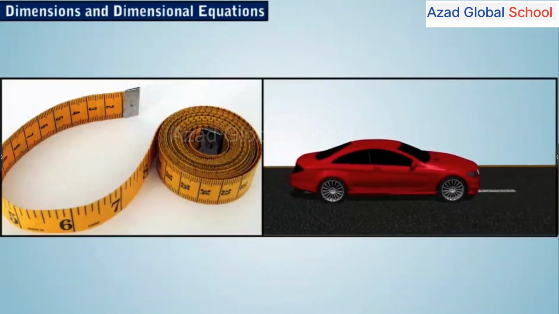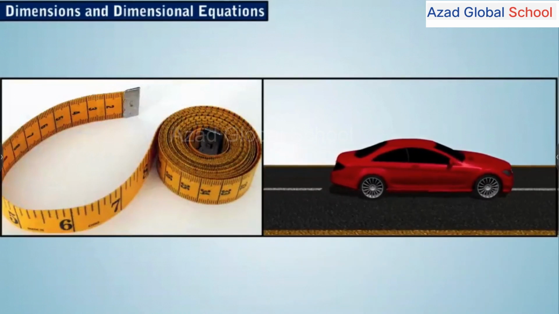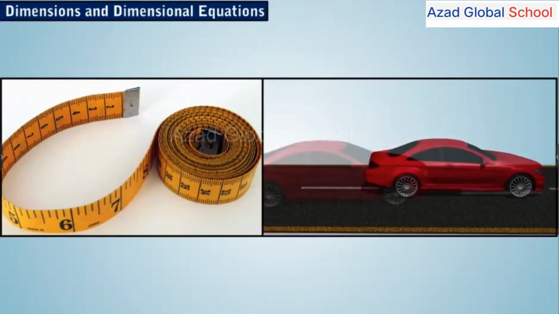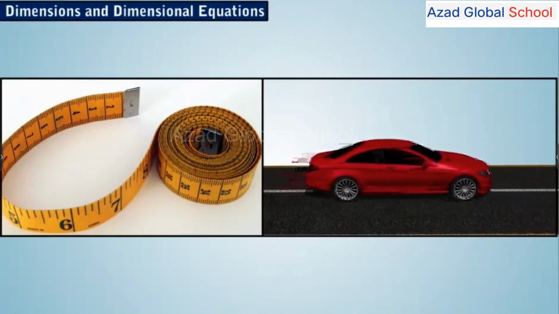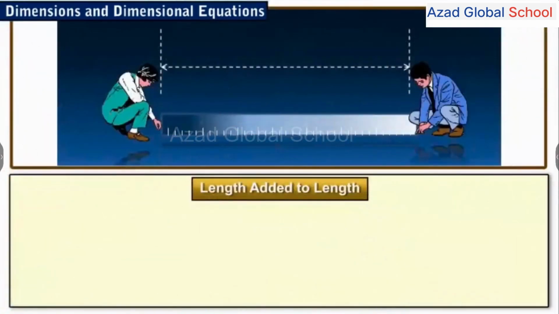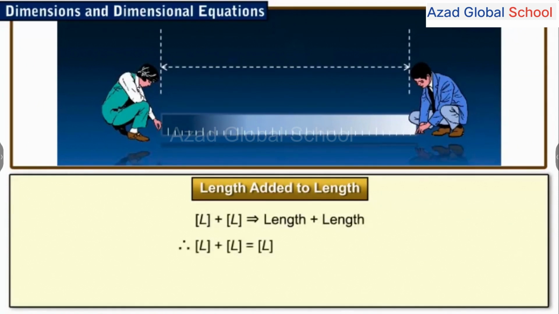But we may encounter situations where we need to add or subtract different terms involving base quantities. It is very important to know that when we write L plus L, as shown, we mean length added to length. So we get length again, which is not 2 times L, as we are not adding the magnitudes of length.